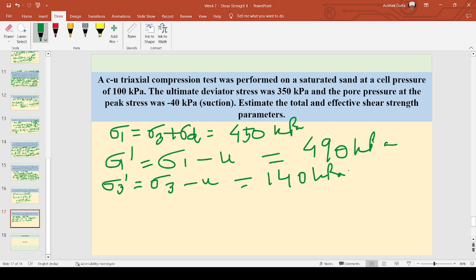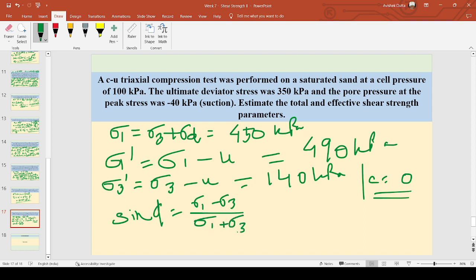Now, a triaxial compression test performed on a saturated sand. It is a consolidated undrained test performed on saturated sand. So for sand, a cohesionless soil, c equals 0. We need to find out only the value of phi, and the formula in the case of total stress parameters is sin phi equals sigma 1 minus sigma 3 divided by sigma 1 plus sigma 3.